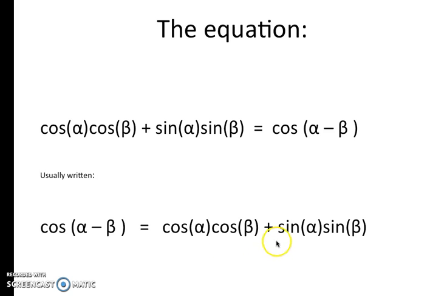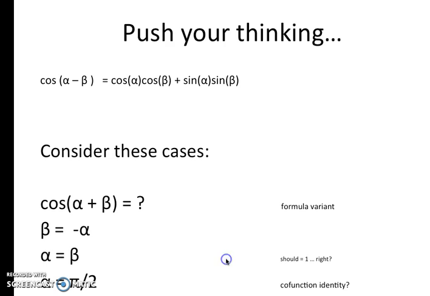You're not normally going from this to this. You're normally going from the smaller to the larger. You're normally expanding so that you can have trigonometric functions that have either alpha or beta and not a sum or difference. So normally you'll find it in this form, but this is it.